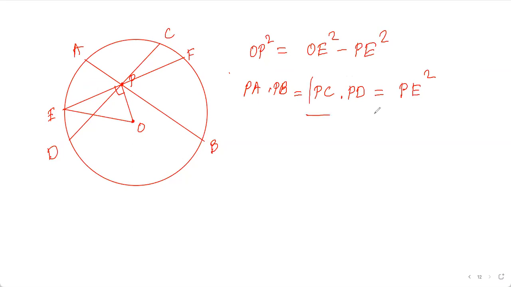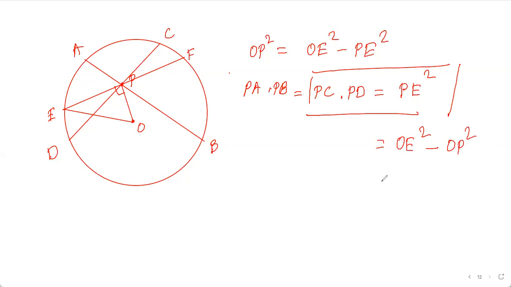This is simple. Can I write this? So once I write this, then PE square is nothing but OE square minus OP square.